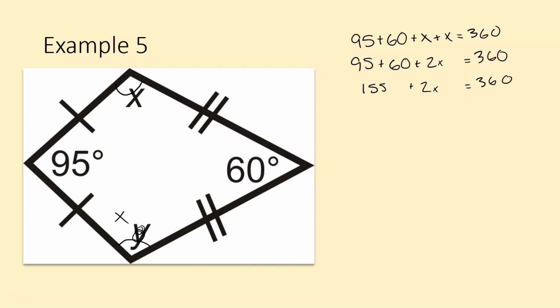Subtract 155 from both sides, and you get 205. And then divide by 2 on both sides, and you get x is 102.5. So that means that both of these angles are 102.5 degrees.